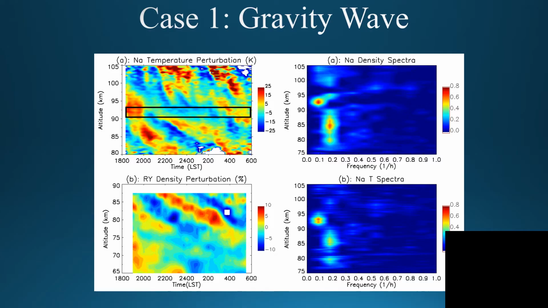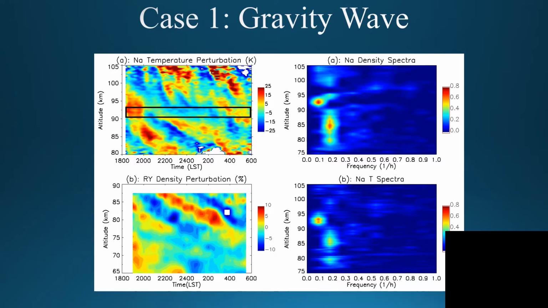In the left plot, we show the sodium temperature perturbation and Rayleigh density perturbation measured on this night. We can see clearly signatures of upward propagating gravity waves below 90 kilometers, and then the signature appears to disappear above about 90 kilometers.